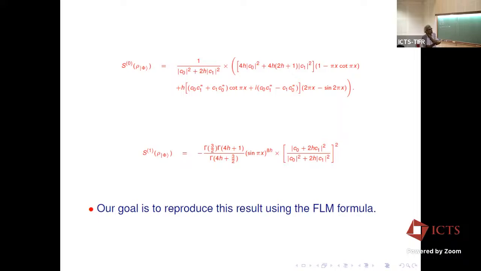And you see how the linear combination C0 and C1 feeds in, and there is this term together with this. Our goal is to reproduce this result using the FLM formula. This is a CFT calculation, which we have done for these generalized free fields with weight H much smaller than C, and we would like to check it against holography.